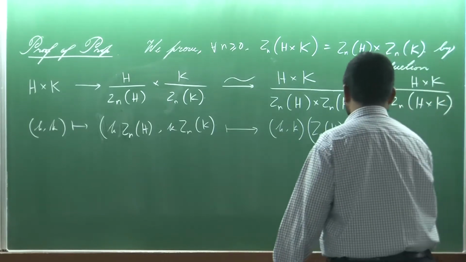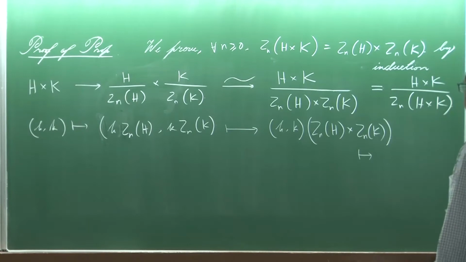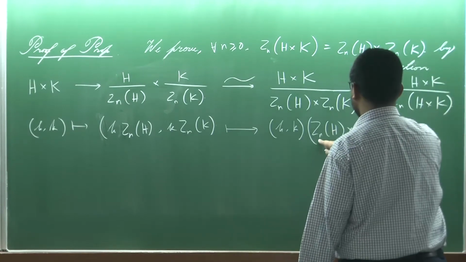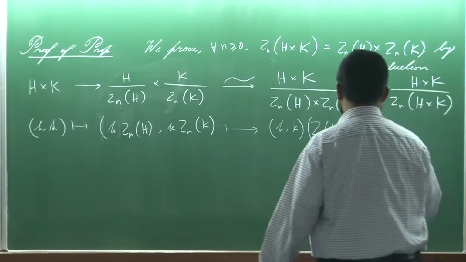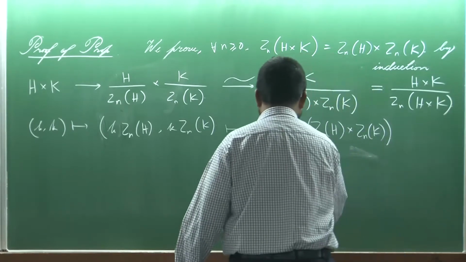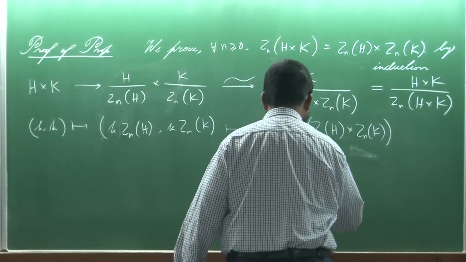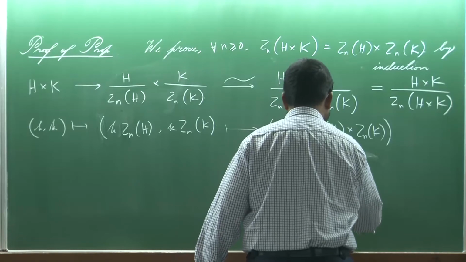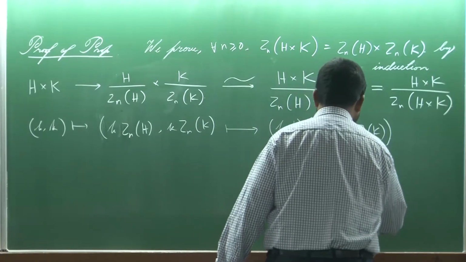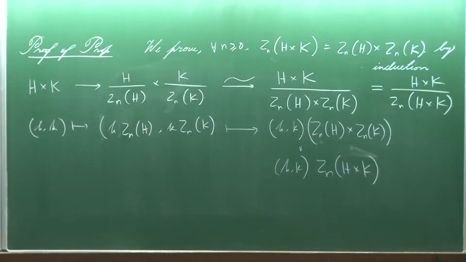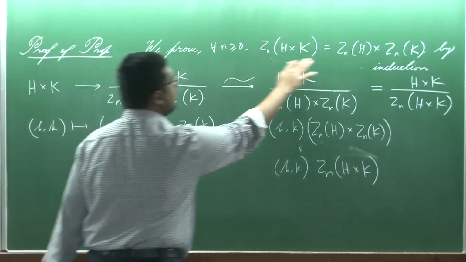Now what is the map here? Again the obvious one, because we have assumed that this equals this. So this is nothing but H comma K times Zn of H times K. So again let me tell you that I am proving by induction. So let's assume this statement for n.